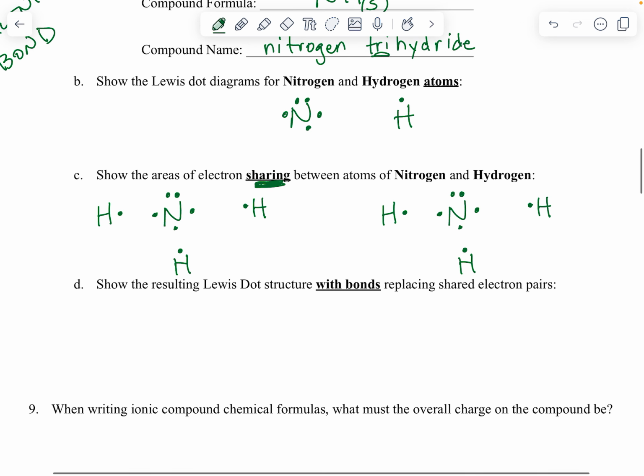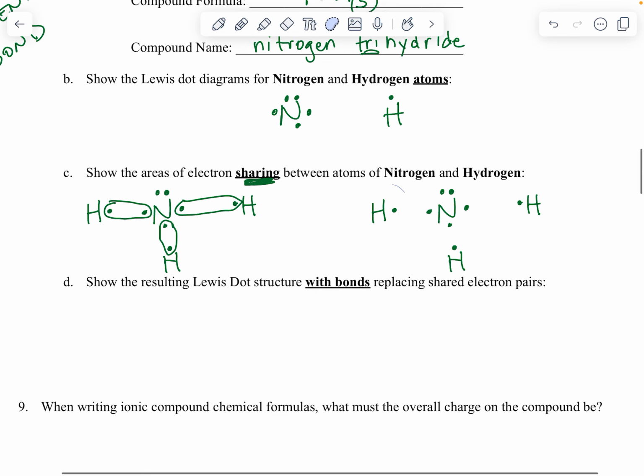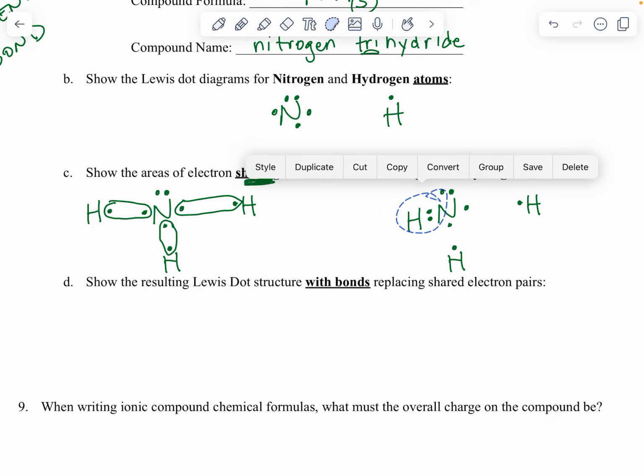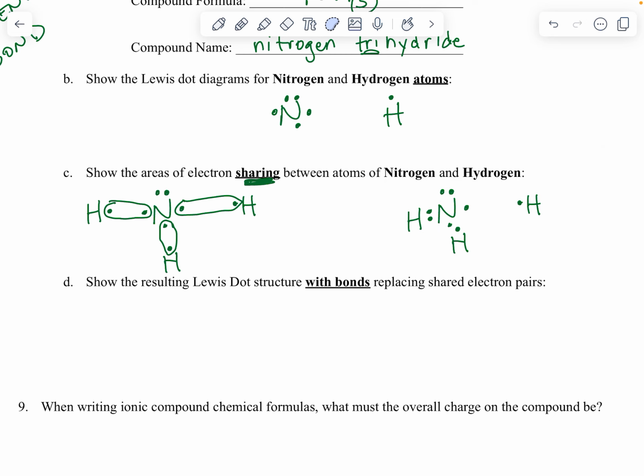So, of course, we have our areas that we're going to share electrons with one another, right? So we have those. Those are the bonds that are going to form. But what that looks like is this hydrogen actually goes and says, yeah, I'll share this with you, nitrogen, as long as you share that other one with me. And nitrogen happily obliges. This hydrogen does the same. And, of course, this hydrogen does the same there. And so what we see is that nitrogen itself has a full octet now.